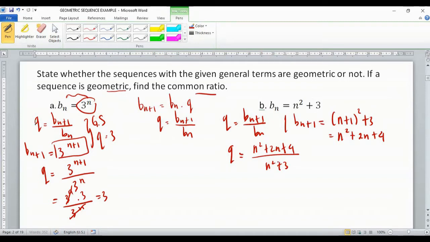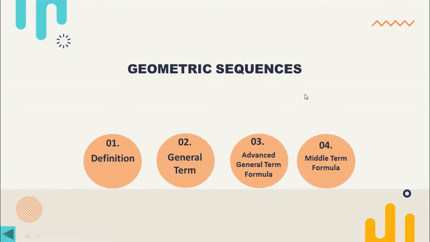Okay, so from here, we can see that we cannot calculate the ratio because it is not constant. So this one is not geometric. Okay, everyone?